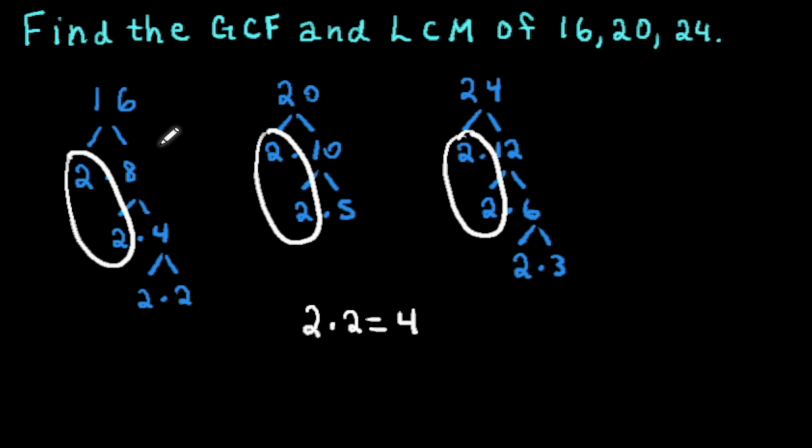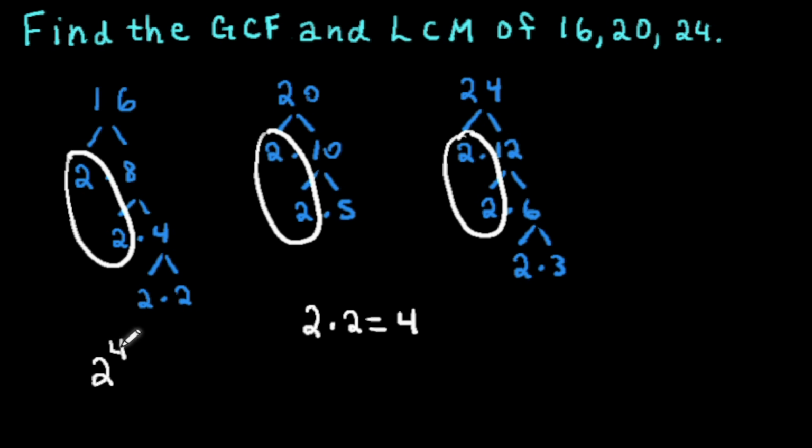With the least common multiple, what we're going to do here is take a look at the 2s. How many 2s are being multiplied together? 4. So we're going to write this in power notation, or what's known as exponential notation. Since we're multiplying four 2s together, this is written as 2 raised to the 4th power.